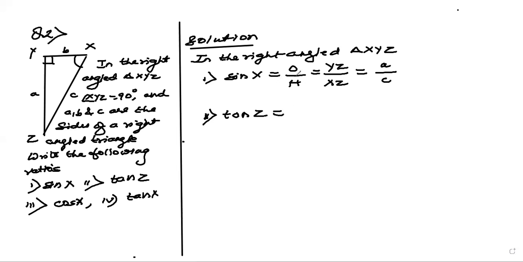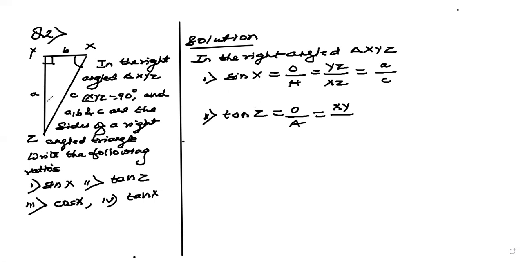Sine, cos, tan, OA. So tan Z is what? OA. That is opposite side upon adjacent side. The opposite side of Z is XY. Okay, so XY, and which is the adjacent side? Please have a look here. This angle Z is contained by side YZ and side XZ.